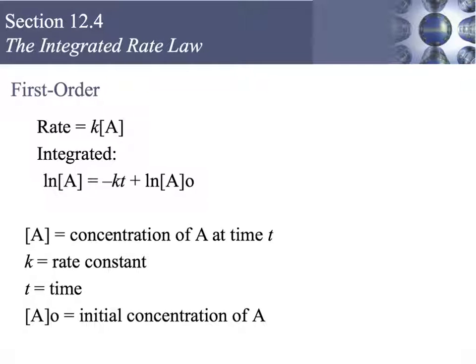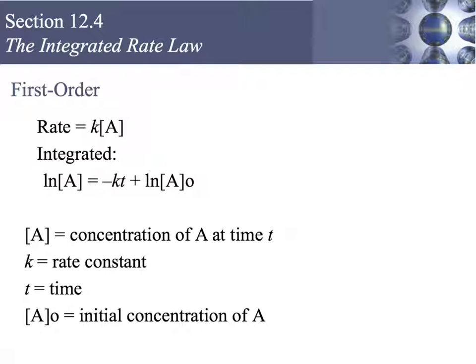In this case, this is the concentration, this is a constant, this is time, and this is the natural log of the concentration at an initial point. Actually, I should have said that this concentration corresponds to the concentration at this time t.